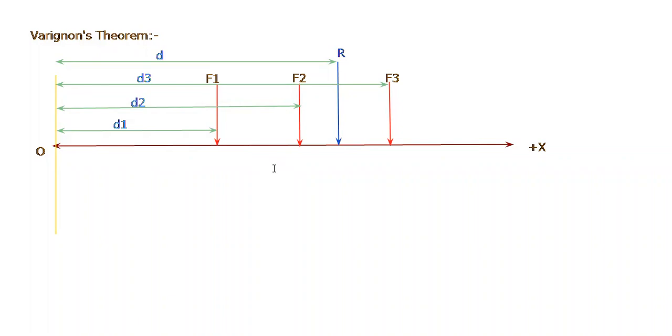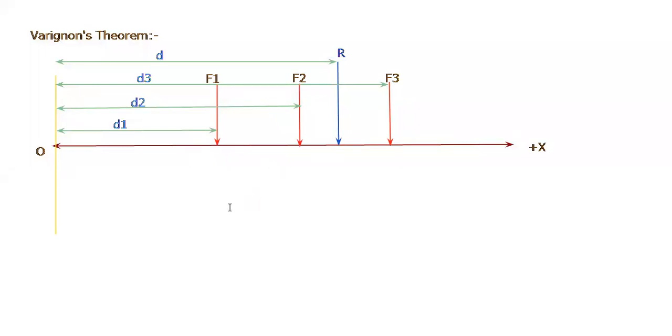Now how to apply the statement of Varignon's theorem? The moment of the resultant about any point is the summation of the individual moments of the forces. This is the general statement of Varignon's theorem.